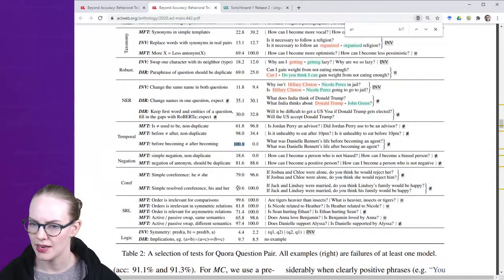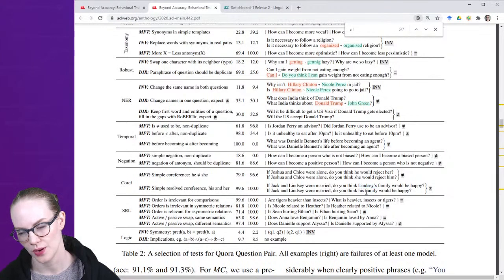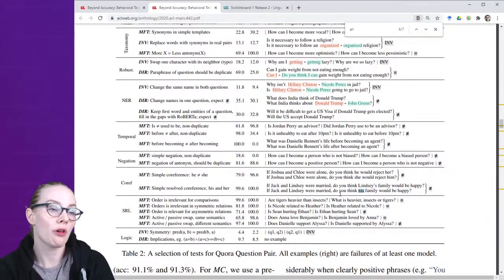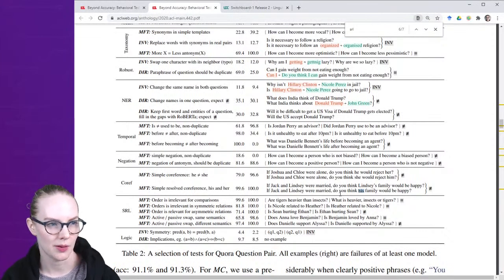Yeah, and then this co-reference where there's two names, one more associated with men, one more associated with women, trying to detect that the female name, or the name more often used by women, is more likely to be matched with her than his. Although I will say Lindsay is also a male name, so I don't know that this is perhaps the best example.